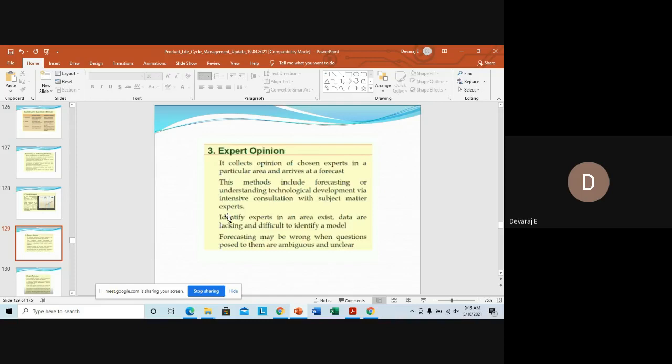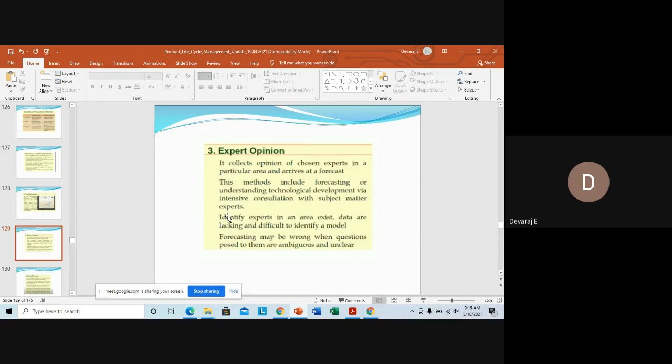If a problem exists, immediately they will ask the expert who has worked in the same company for a long time, like 20 or 25 years. Immediately that expert will tell the reasons: why it has failed, for what reason, and what we should do next.